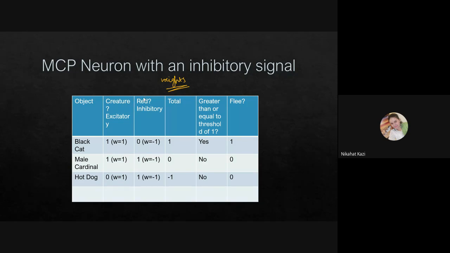So now, instead of taking the exact sum of inputs, we compute a weighted sum of inputs. We multiply each input with the corresponding weight and get the total. So the total is the weighted sum of inputs.